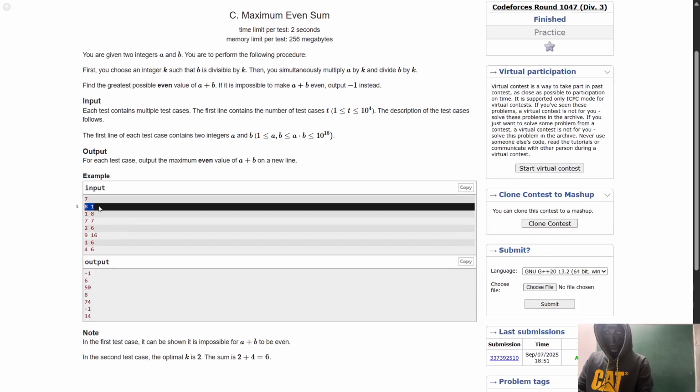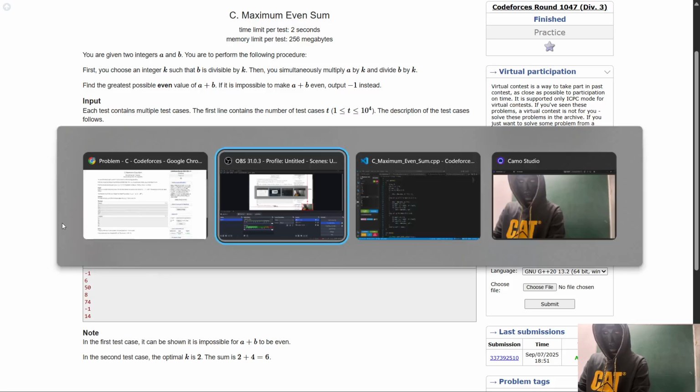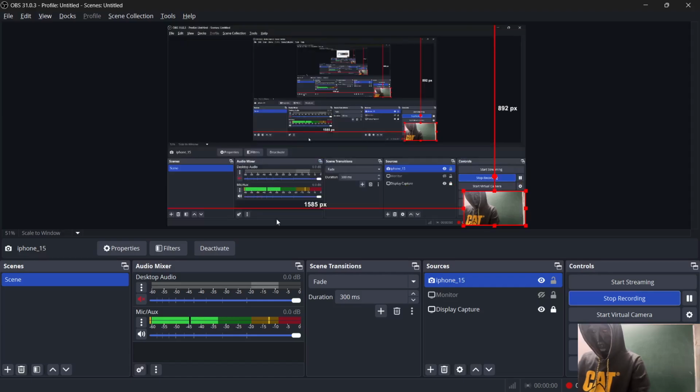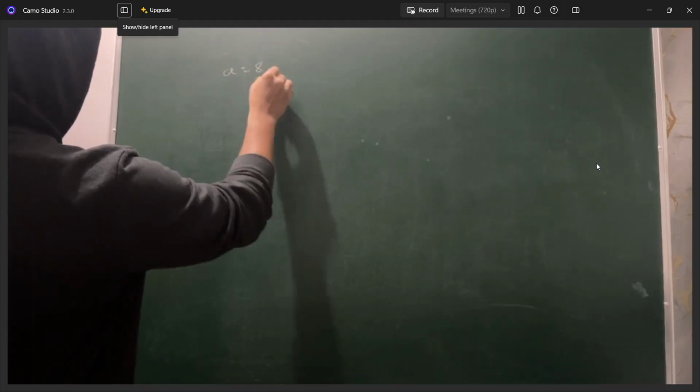So first let's try to understand with the examples. Let me take the examples one by one. First we have b equal to 1.